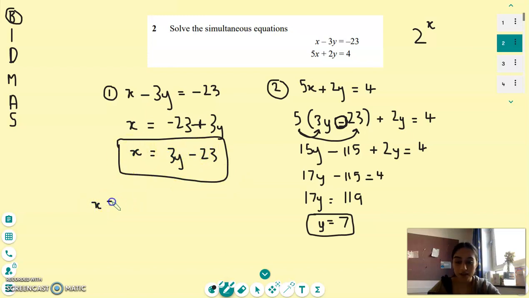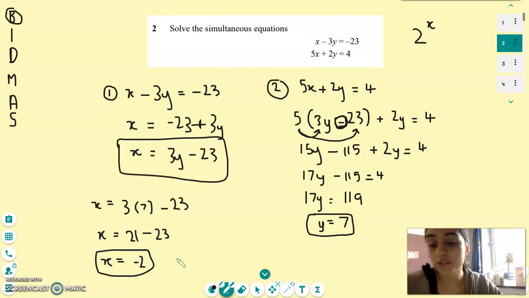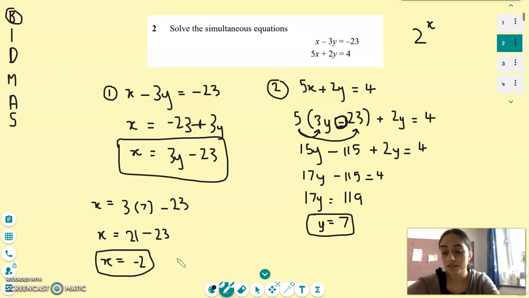So x is equal to 3, we can put 7 in brackets like this, minus 23, and x equals 21 minus 23, so x is equal to minus 2, like that. So there we've solved how to do simultaneous equations.